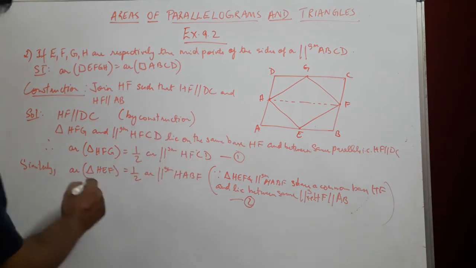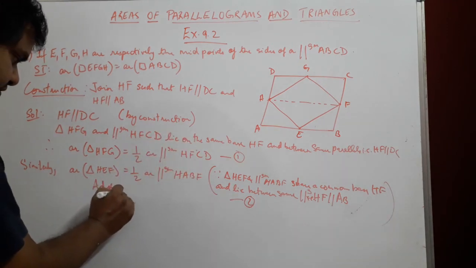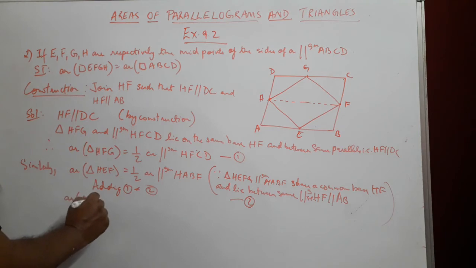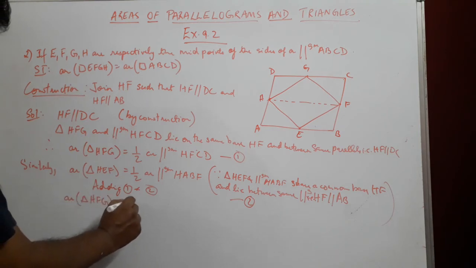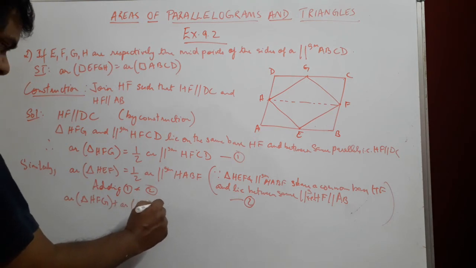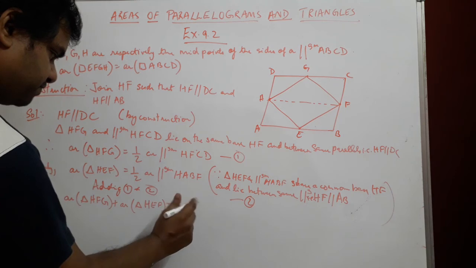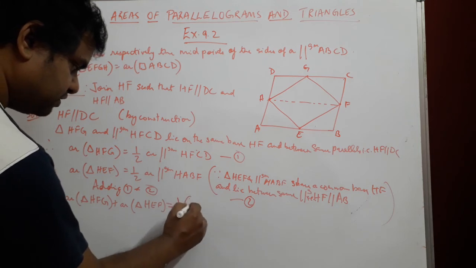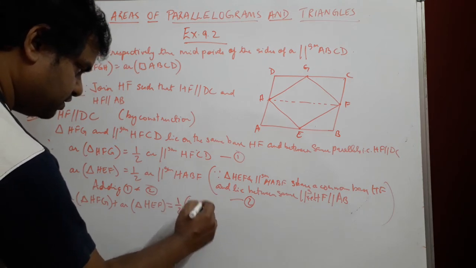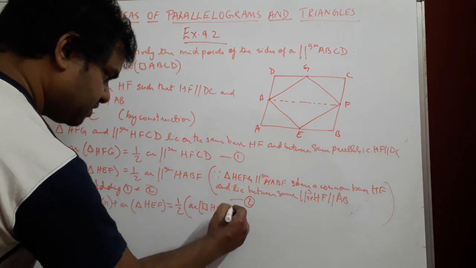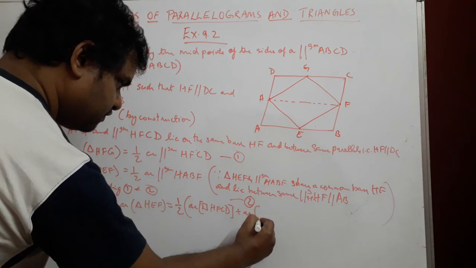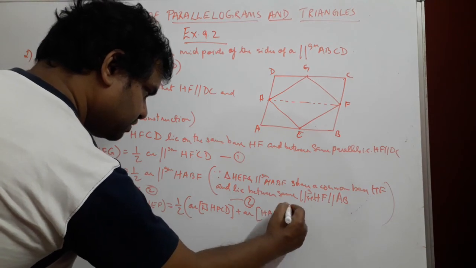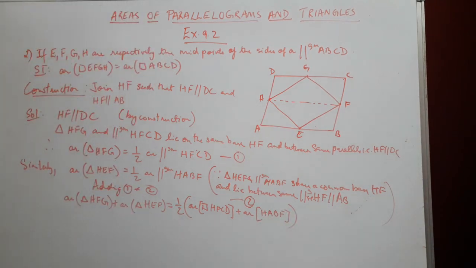We say adding 1 and 2, what do we get? Area of triangle HFG plus area of triangle HEF equals, since the half is common, I will just take half outside: half of area of parallelogram HFCD plus area of parallelogram HABF.